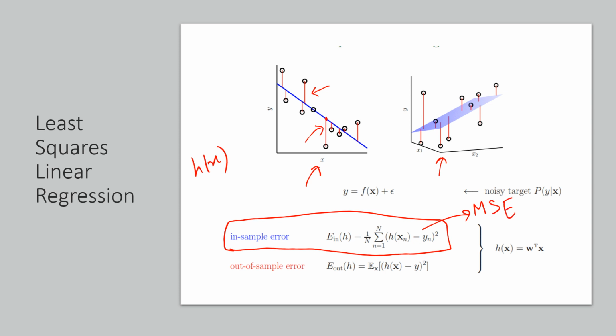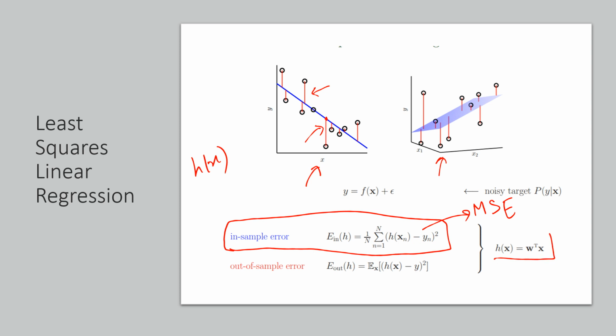Now think about it: what is that optimal line that I can fit? Well, that optimal line is going to minimize the sum of squared differences, right? And so that's why this is the mean squared error. In this two-dimensional space, this is equal to fitting a line. In a three-dimensional or higher dimensional space, this is equal to fitting a hyperplane, right?